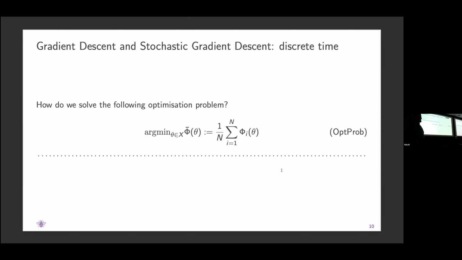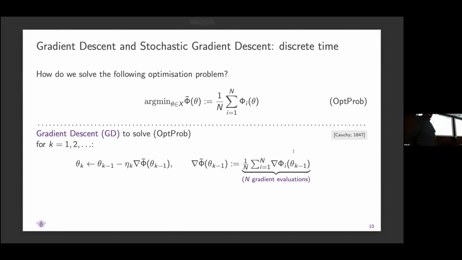Okay. So just back to discrete time for a second. How do we solve this optimization problem? We said these phi i's are continuously differentiable, so what we can do is just gradient descent. Gradient descent just means that from my current position, I do one step in the negative gradient direction: theta k minus some step size eta k times the gradient of phi bar.